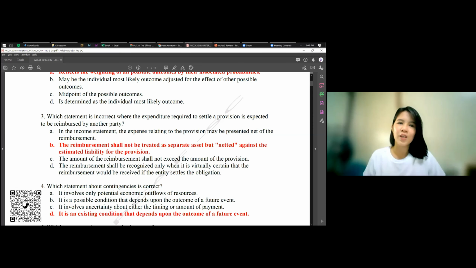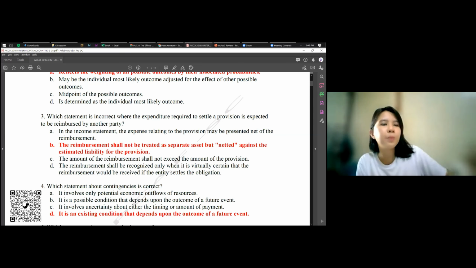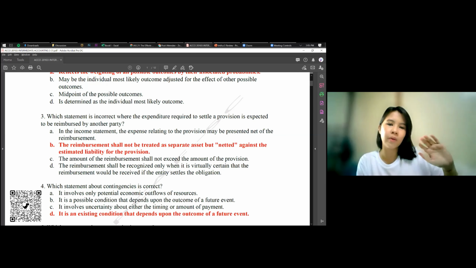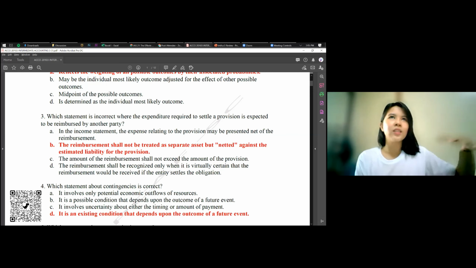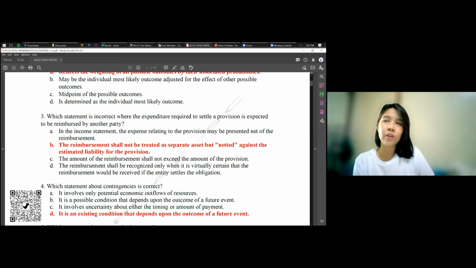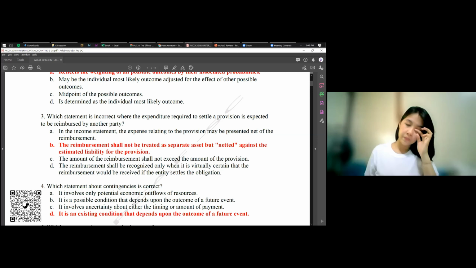But nung lumapag na ng provision, nagkaroon na ng uncertainty about either timing or amount of payment. So, that's what I discovered. C is for provisions rather than contingencies. So, meron silang both element of uncertainty. C applies to provision. So, D is the correct answer, which is there is an existing condition na nakadepende sa outcome of future event. Okay?